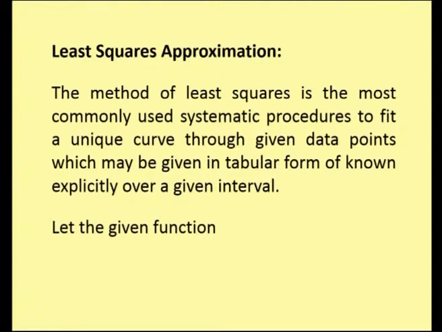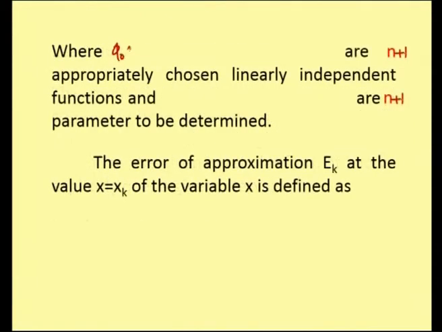Let the given function be f of x is equal to c0 phi 0 of x plus c1 phi 1 of x plus etc. plus cn phi n of x, where phi 0 of x, phi 1 of x, etc.